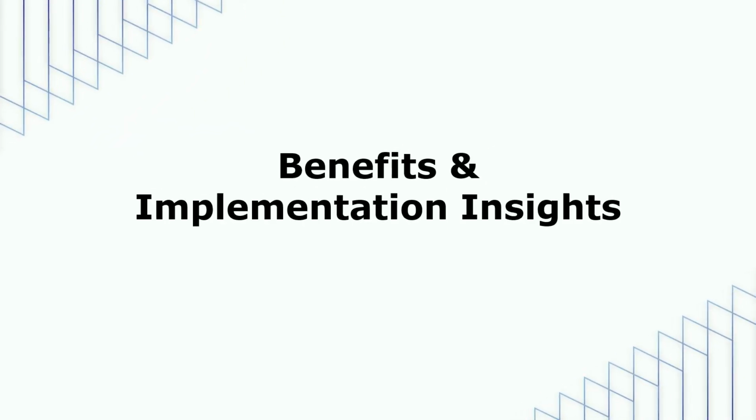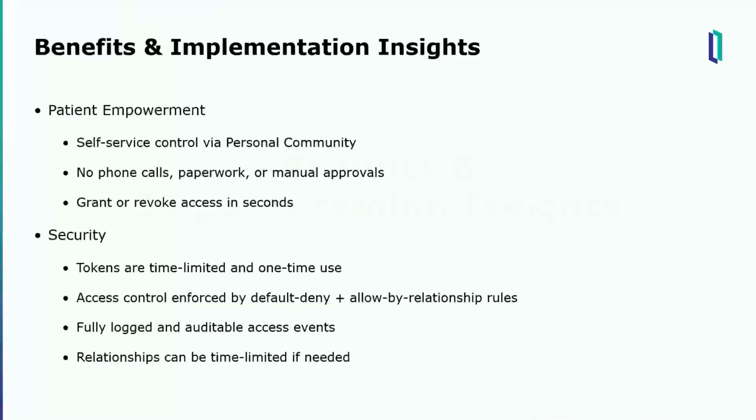What were the benefits, and as we already got a question about it, some implementation insights. The two main parts we needed to provide were patient empowerment and security. We needed, as explained, a self-service functionality. We did this via the personal community. We had to get around this manual process of having administrative colleagues, nurses, whoever deal with this.